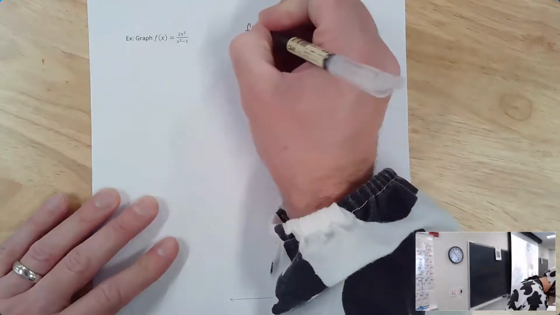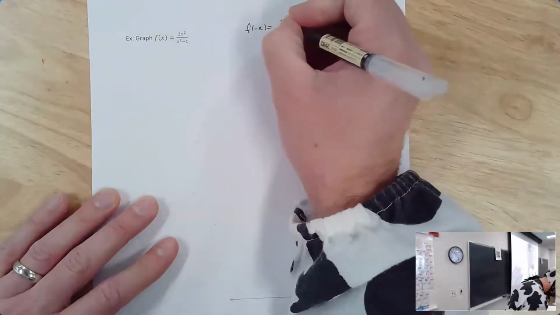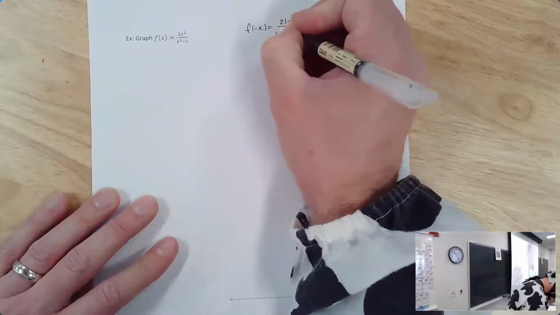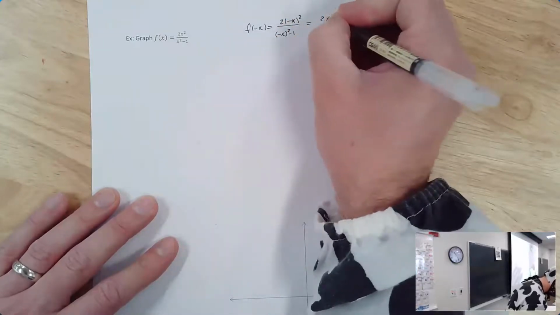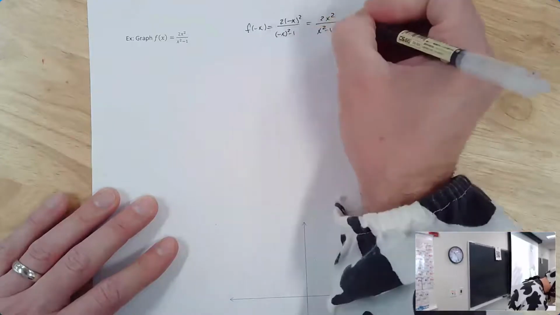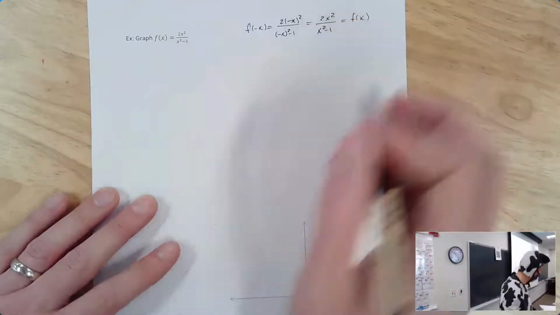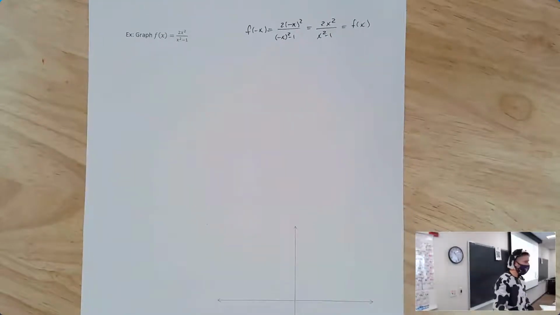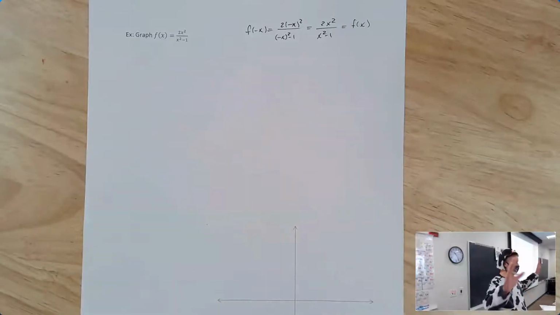F of negative x equals 2 times negative x squared over negative x squared minus 1, which just becomes 2x squared over x squared minus 1. The nice thing about seeing that from the get-go is now we know that there's going to be symmetry across the y-axis. So the part on the right and the part on the left should look like reflections of each other, which makes it easier to graph.